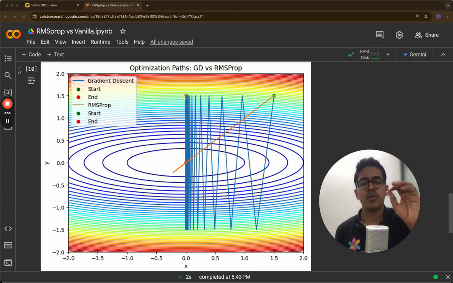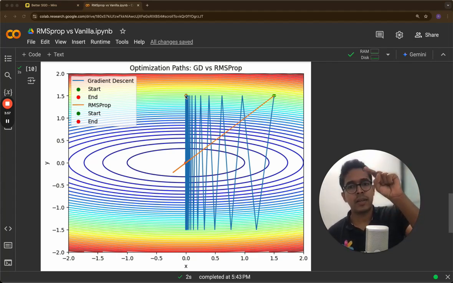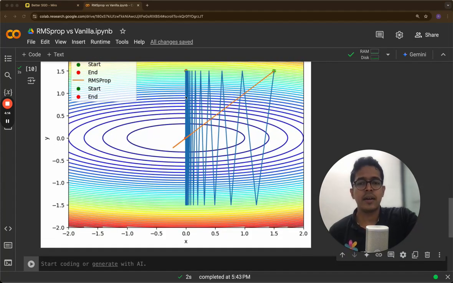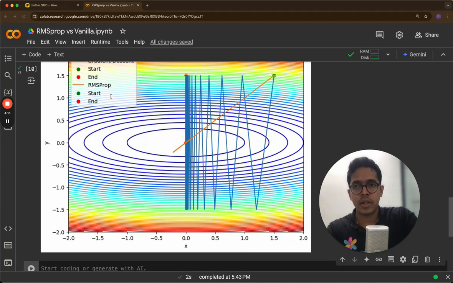The loss value in this case will be x square plus 10y square. Since x equal to 0, that term is cancelled. 10y square will be 10 times 1.5 raised to 2, which will be 10 times 2.25, which will be 22.5. So the final value of loss ideally should be 22.5, and we'll see that when we plot the loss.